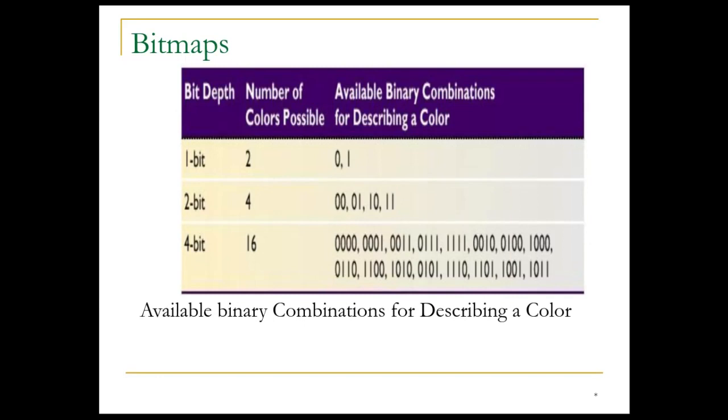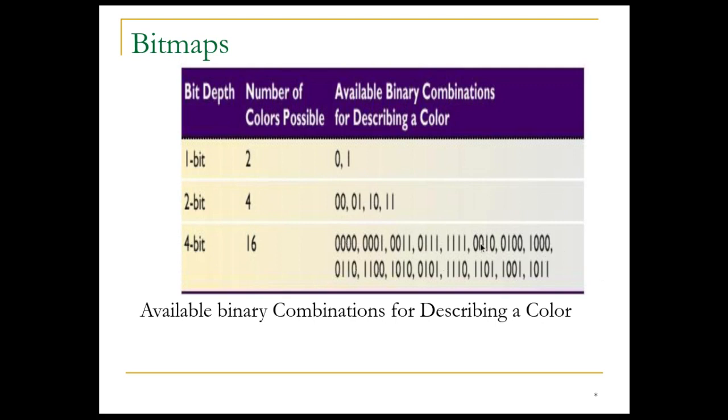So in this case, it is 16. Now, of course, you can notice a pattern there: the number of colors is 2 to the power of the number of bits that you are using for your coding per color. So if you're using 1 bit, then the total number of colors you can have is 2 to the power 1.